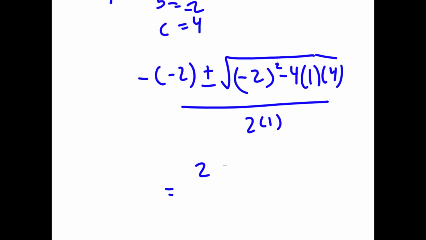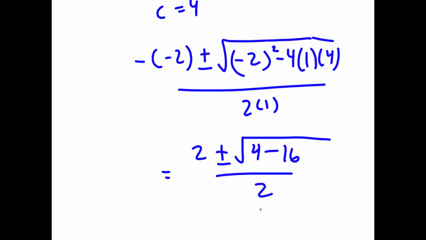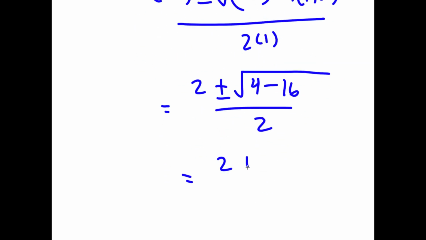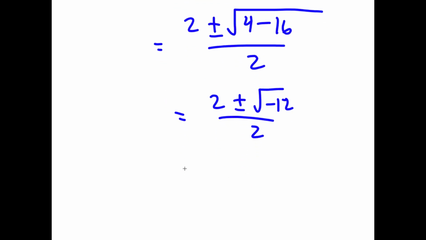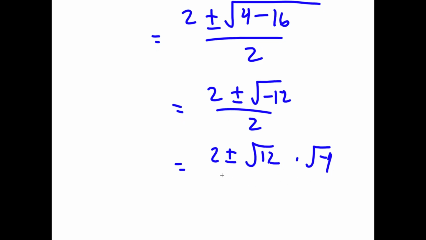Now this is equal to 2 plus or minus the square root of 4 minus 16 all over 2, which is equal to 2 plus or minus the square root of -12 over 2. And the square root of -12, that's equal to the square root of 12 times the square root of -1 over 2.